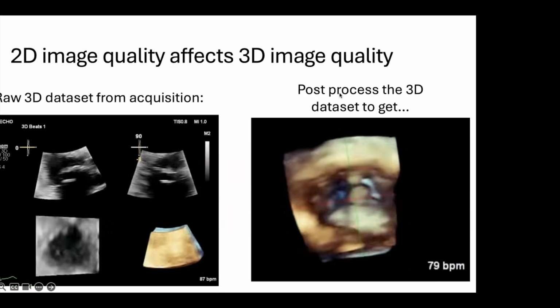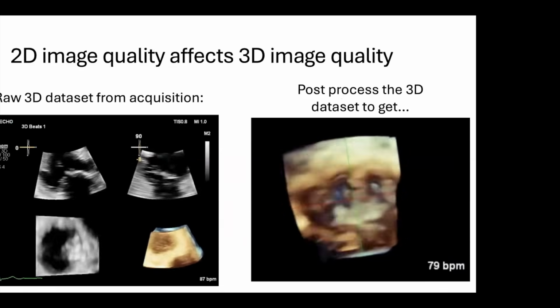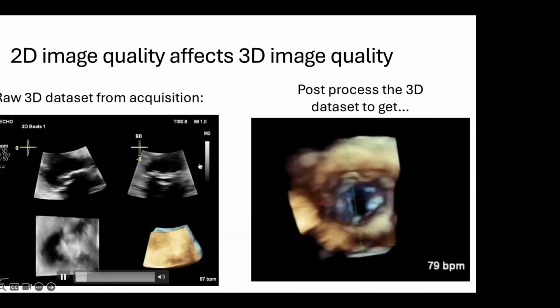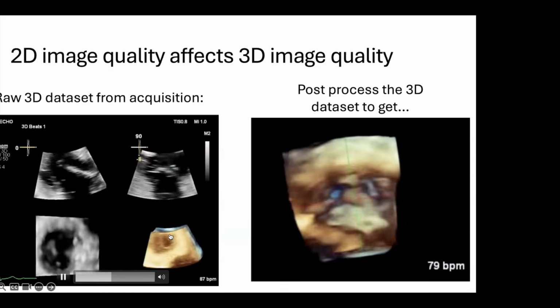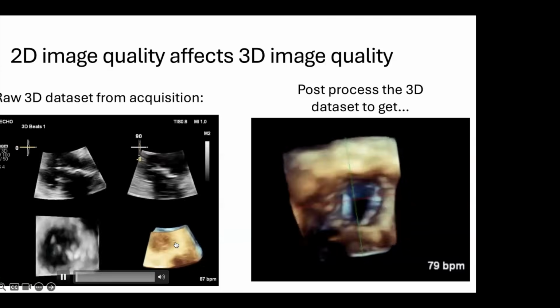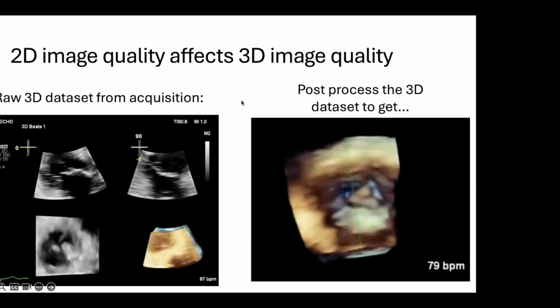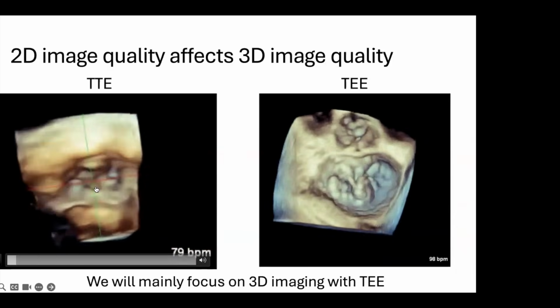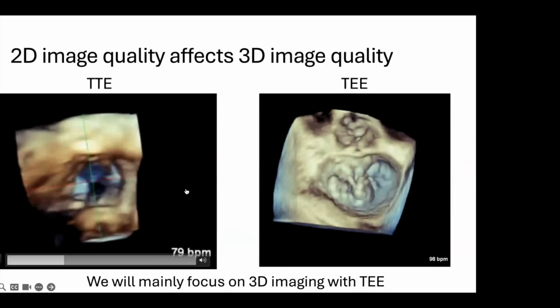So you can use 3D. You can apply your boxes and create a 3D image of the mitral valve. It'll produce something like this. It'll give you this pyramid. You have to do some processing stuff that we're going to talk about, and then that processing will then produce this 3D image. And so this is the 3D image on transthoracic, and this is the same patient with transesophageal.